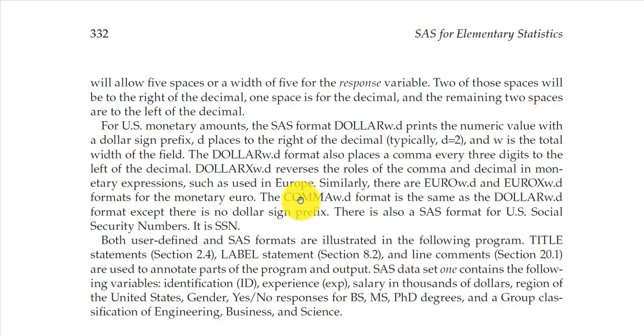We're going to look at titles, labels, etc., kind of a compilation of everything we've seen so far in the book. The variables that we're looking at are an identification, a level of experience, salary expressed in thousands of dollars, region of the United States, a gender question, a yes/no response for the level of degree, and a group classification identifying subjects as being from engineering, business, or science.